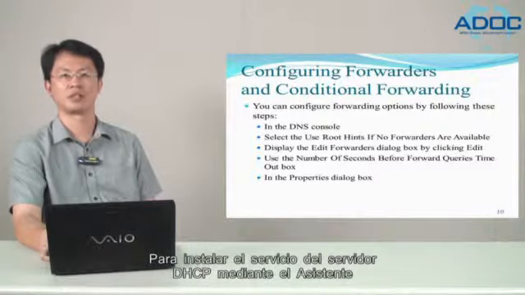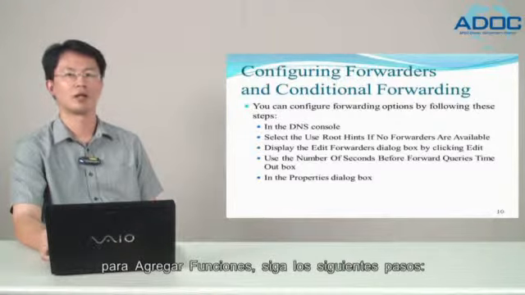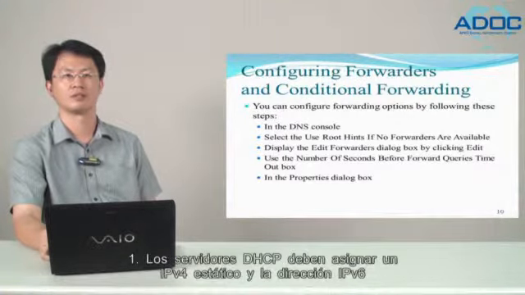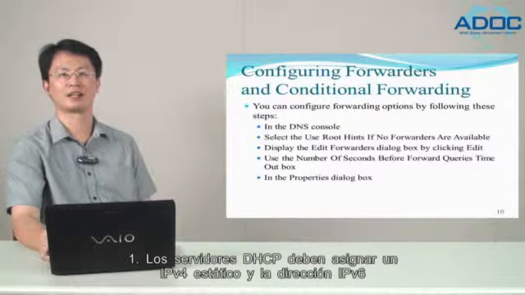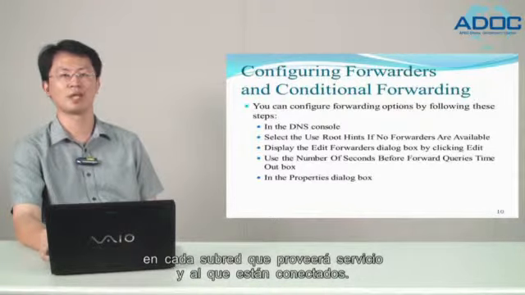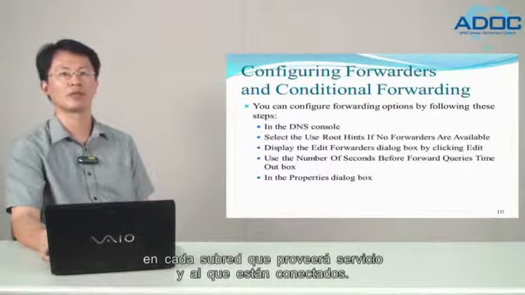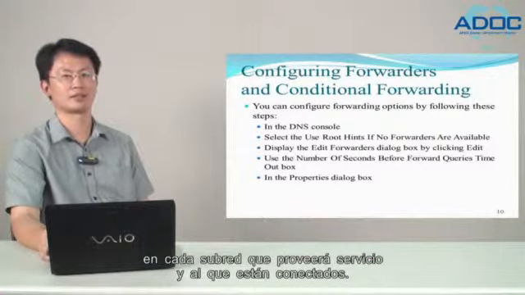To install the DHCP server service using the Add Roles wizard, follow these steps. First, DHCP servers should be assigned a static IPv4 and IPv6 address on each subnet they will service and to which they are connected.